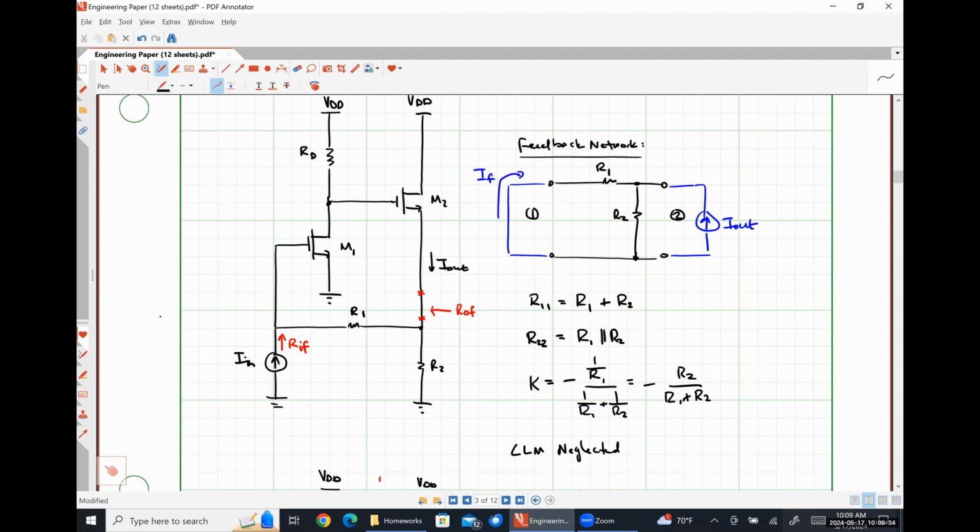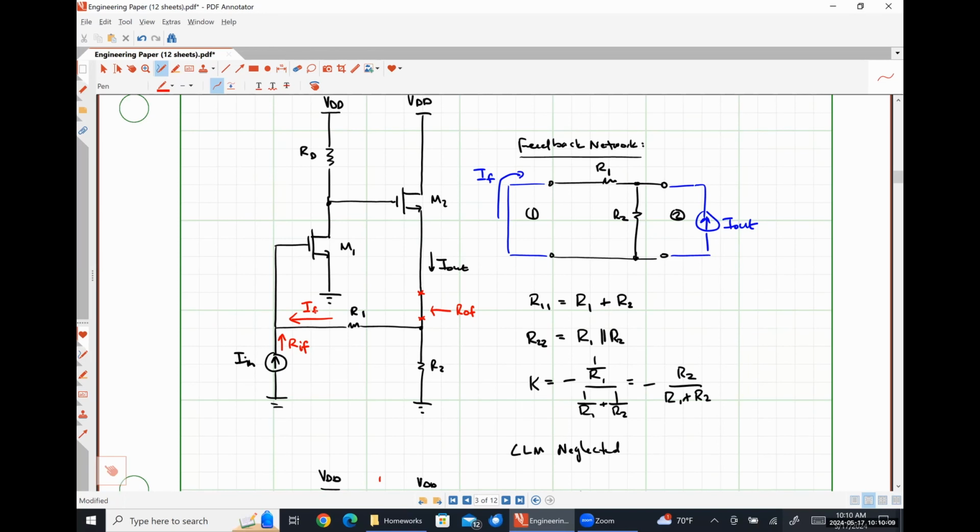The whole purpose of our feedback network here is that some portion of I out is going to wind up flowing to this node. So here is our feedback circuit. What is it doing? Kirchhoff's current law tells us that these two are adding together effectively, so it's making that voltage look larger and therefore giving us positive feedback.